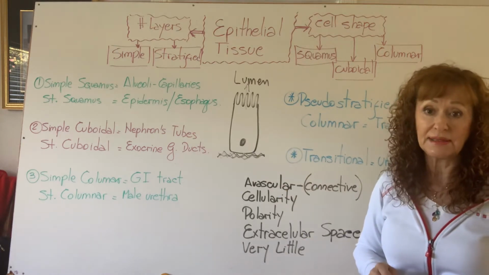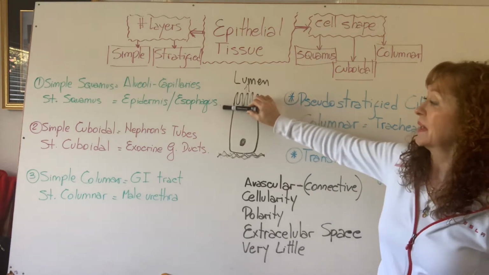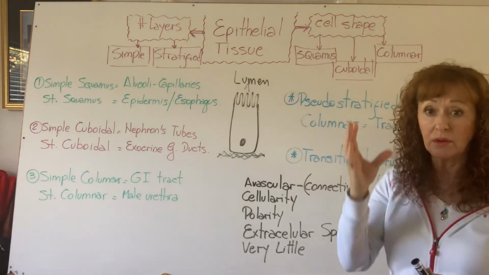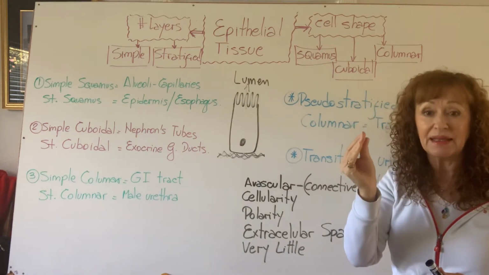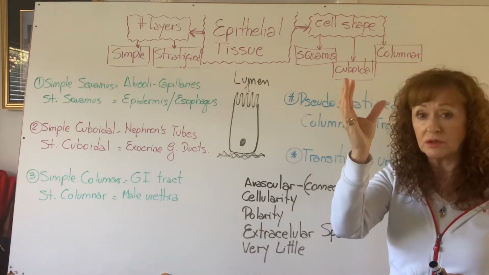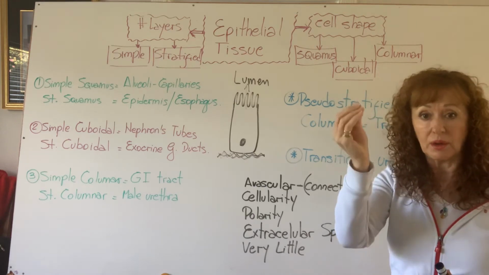It is always epithelial tissue, but the apical area of those cells is facing the lumen. The lumen is that empty space in those organs, which most of the time is filled with a fluid or a substance.